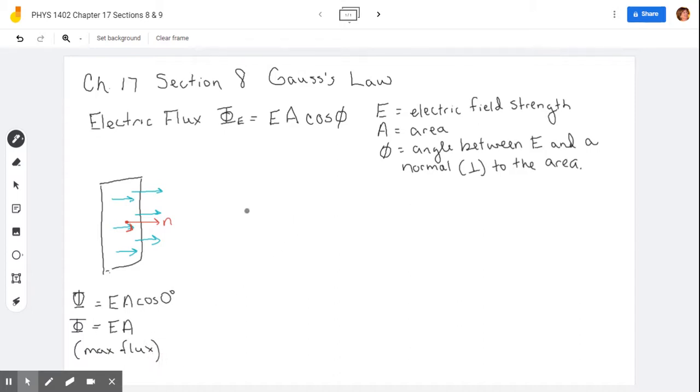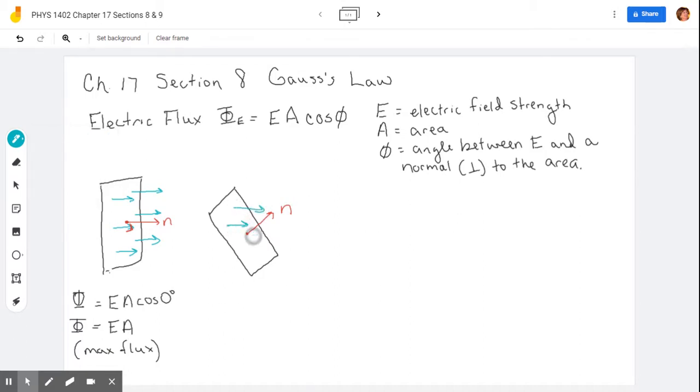Now let's consider that same size rectangle, but we're going to rotate it. So now the normal segment points this way, and our electric field points this way.